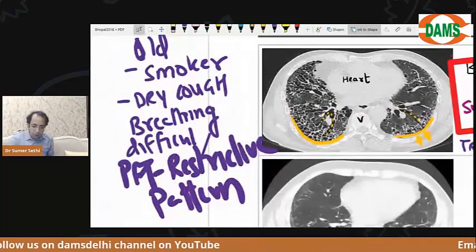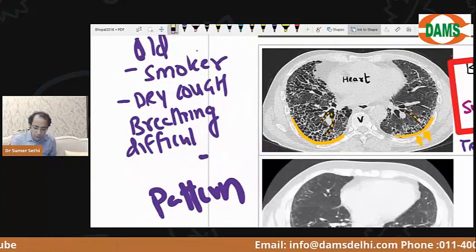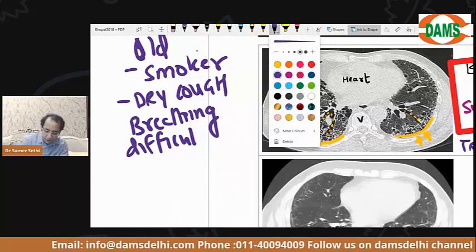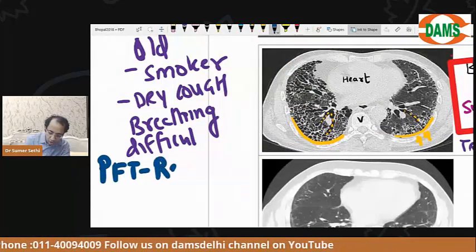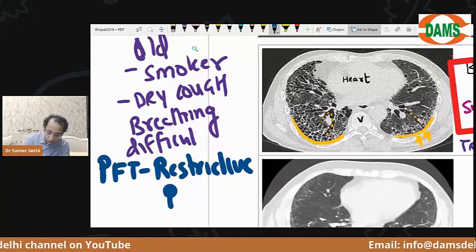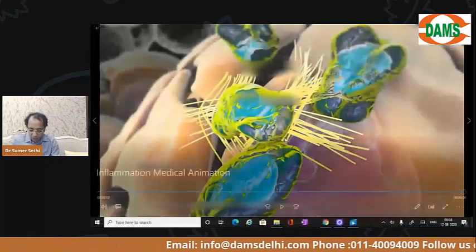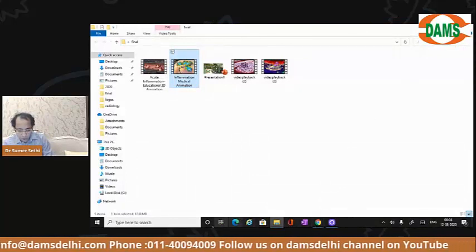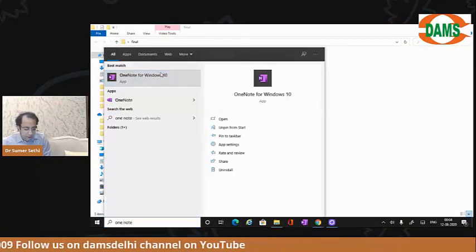You might have read about this in your physiology also, that in lungs we do a test called spirometry or pulmonary function test, where you have an obstructive pattern or restrictive pattern. In this patient, the PFT shows a restrictive pattern. If the PFT shows restrictive pattern, you need to tell me what is the diagnosis on HRCT now.